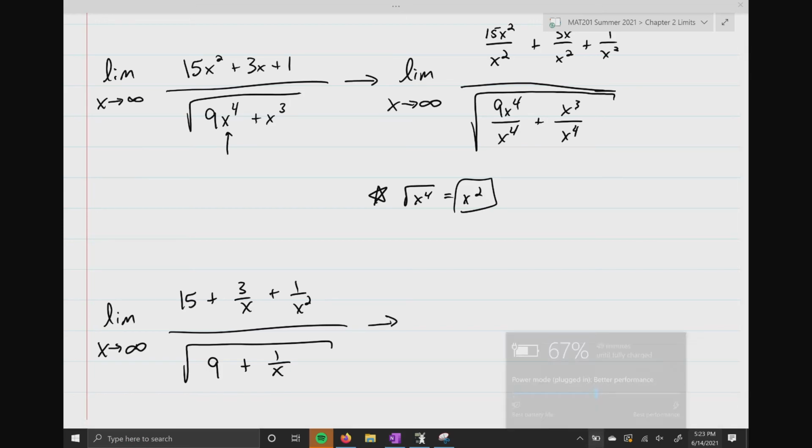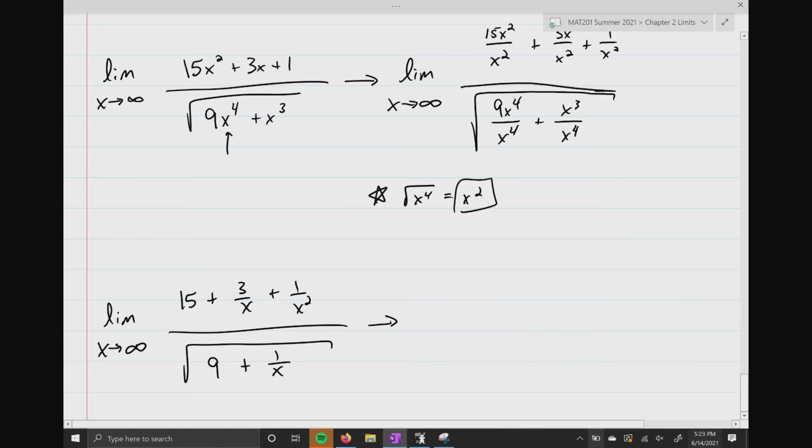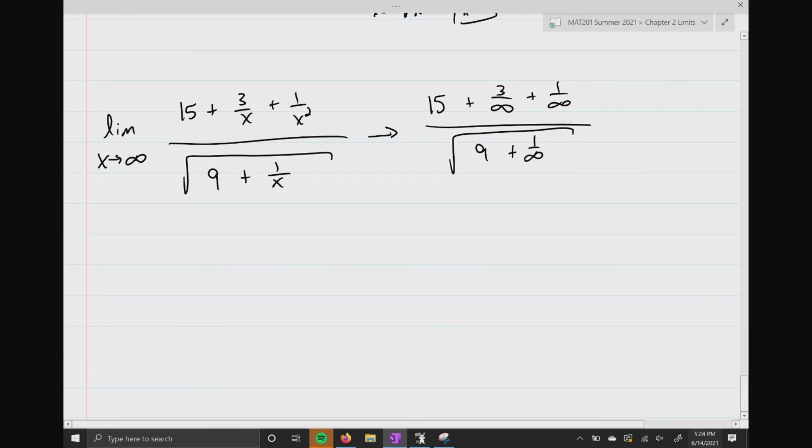Now, I'm going to go ahead and make my substitution. This is going to give me 15 plus 3 over infinity plus 1 over infinity over the square root of 9 plus 1 over infinity. From here, we're going to have 15 in the numerator.